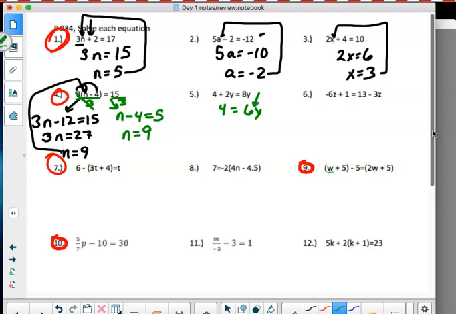This is 6 times y, and I want to divide by 6. When I do that, I get 4/6 equals y. I just created an F word. I know, fraction. It's just kind of a scary thing, but because it's a fraction, I have to reduce it. 4 and 6 both have a factor of 2, so this is 2/3.